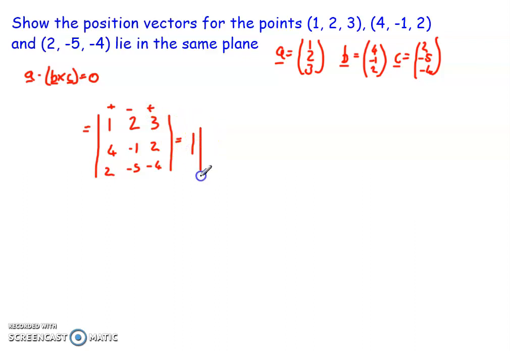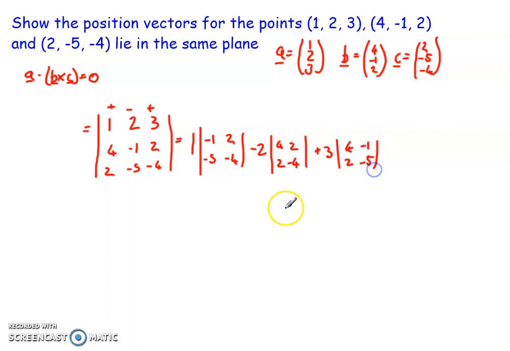So we've got 1 times our small matrix with negative 1, 2, negative 5, negative 4, minus 2 times our next small matrix of 4, 2, 2, negative 4, then plus 3 times our final small matrix of 4, negative 1, 2, negative 5. Calculate all of this, stick it all together, and we hope our answer is 0. If that's the case, they're all in the same plane.